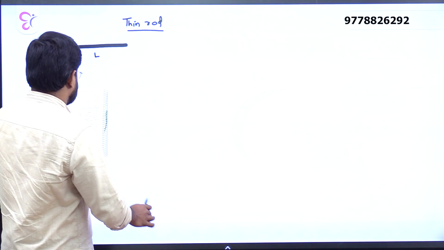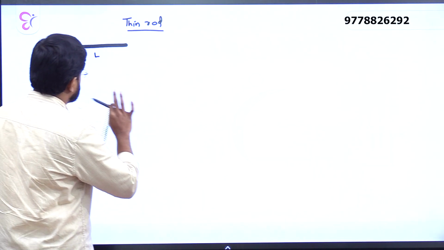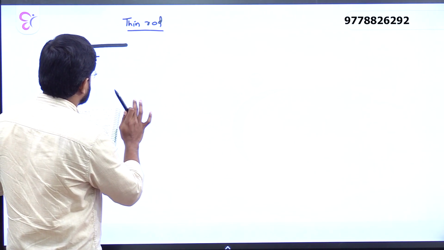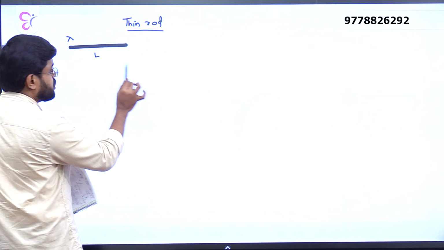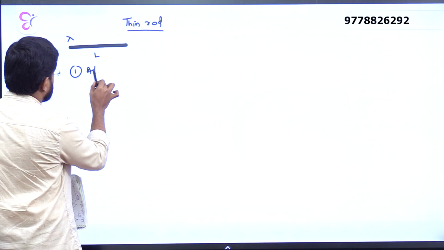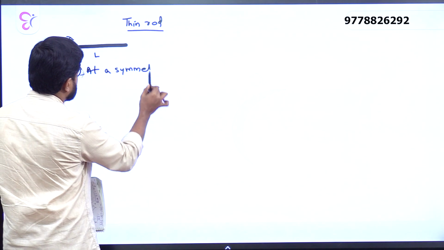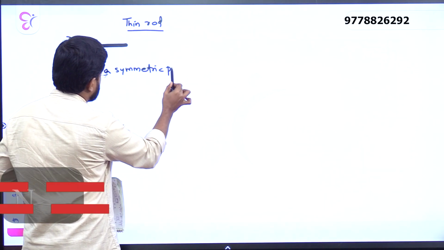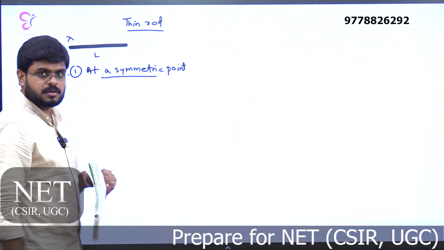First we are going to discuss the electric field at a point which is symmetric to this thin rod, at a symmetric point. Is it clear?